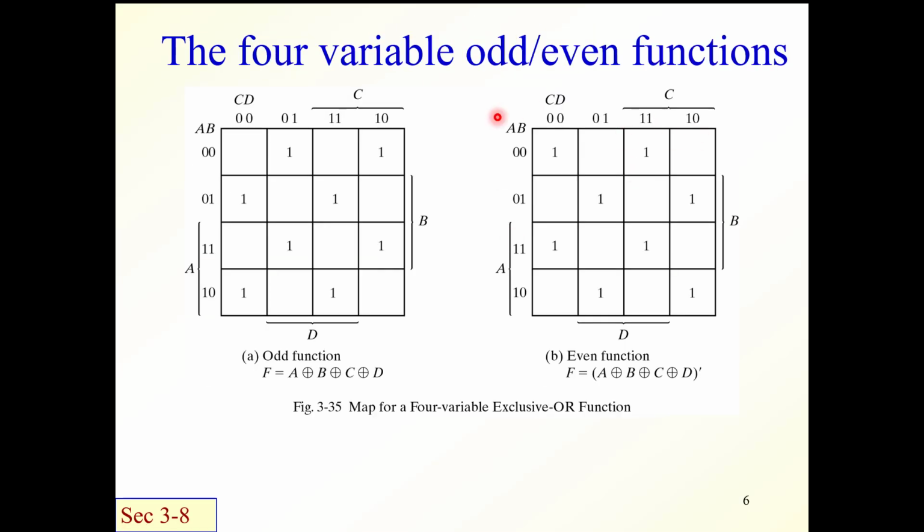The same thing for 4 variable odd and even functions. This is the odd function for 4 variables, and this is the even function for 4 variables. Notice that they are the complement of each other. This one here is the complement of this.